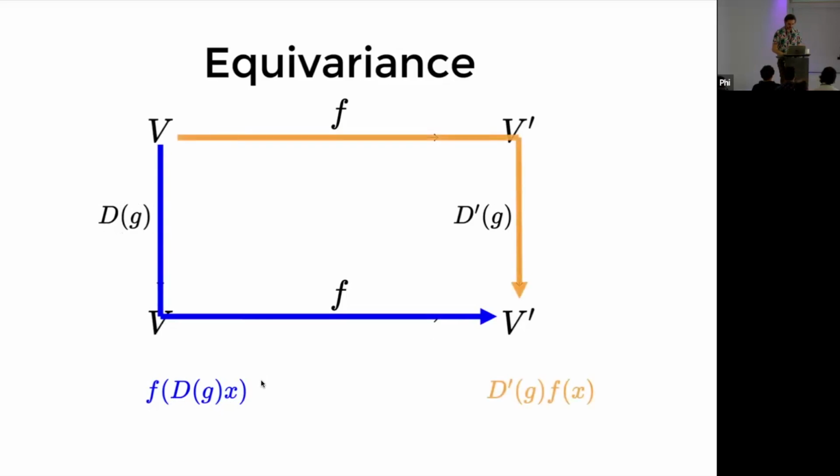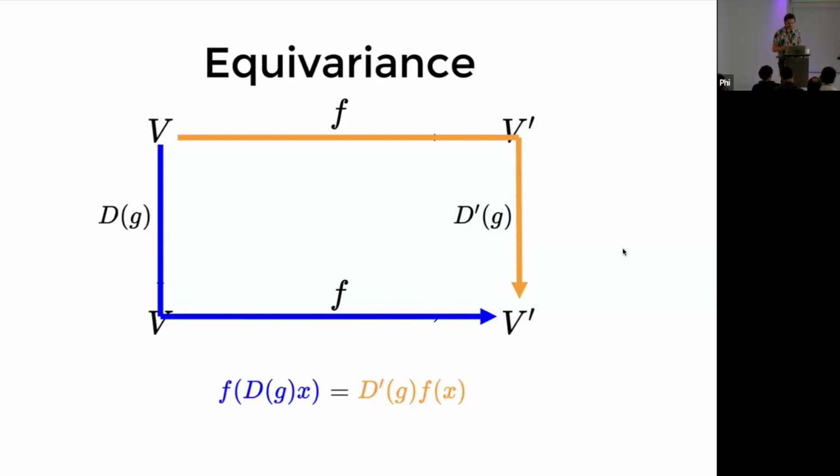Now if you do the reverse, you take the same vector x, but you first apply f, so you end up in V prime. And now you apply the rotation in V prime. So you need to use D prime to rotate your vector that is in V prime. So you would write D prime of G applied to f of x. If these two are always equal for all G and for all x, then your function f is equivariant.